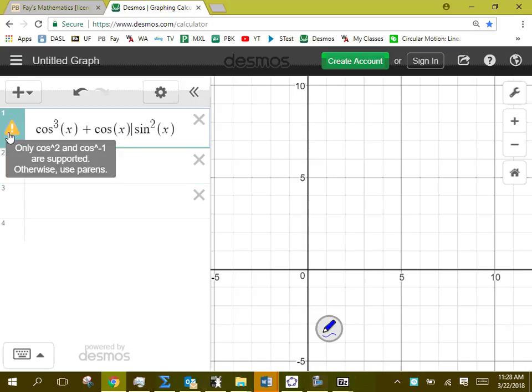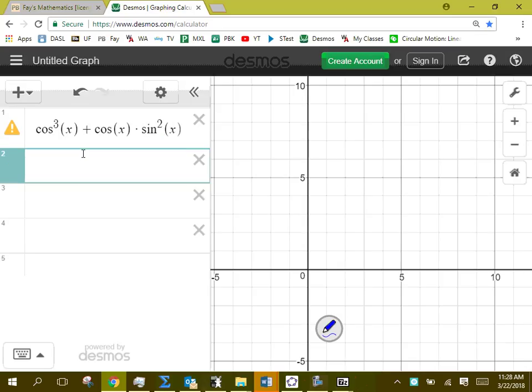When it gives this kind of warning sign here, it does not know. I don't know what that means, but I'm pretty sure it doesn't know that I wanted multiplication there. Nope, wrong.